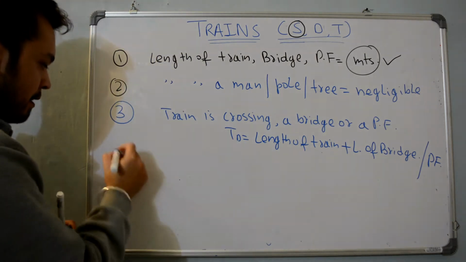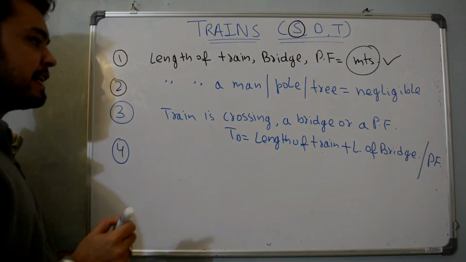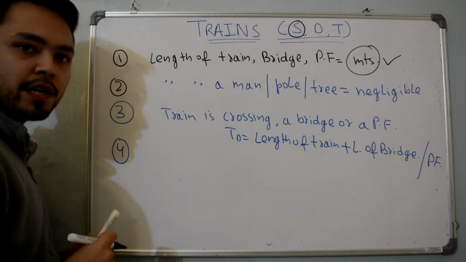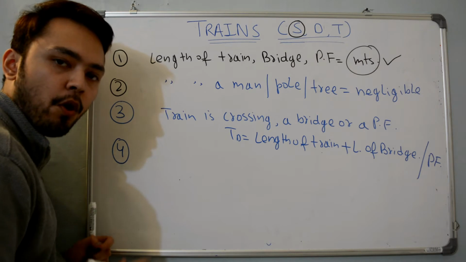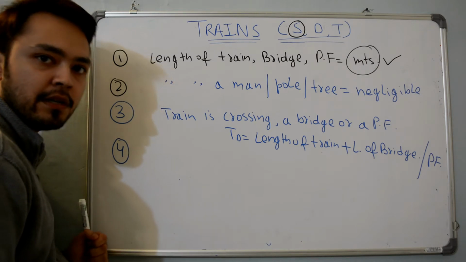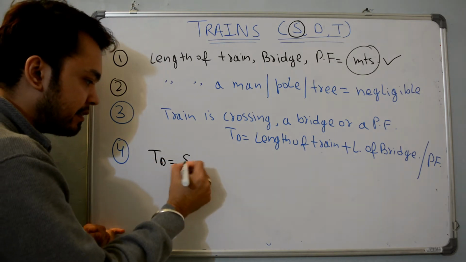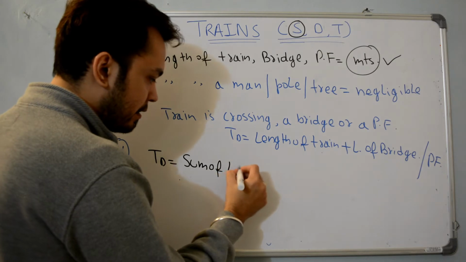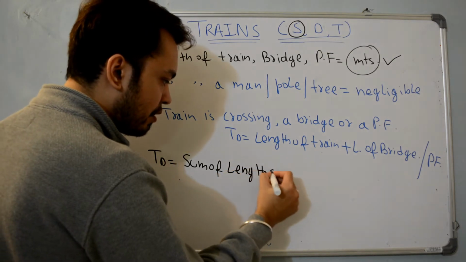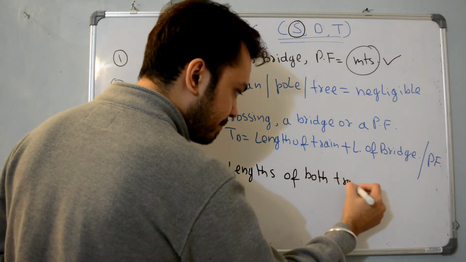Clear? Our fourth point. Now our fourth point is that whenever two trains are crossing each other, whether in the same direction or in the opposite direction, the total distance will be, in that case, the sum of lengths of both trains, right?